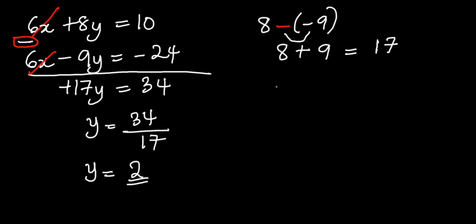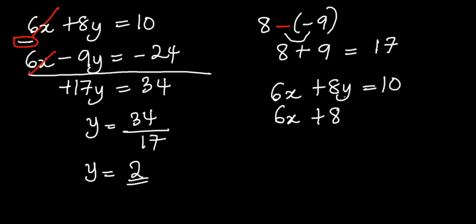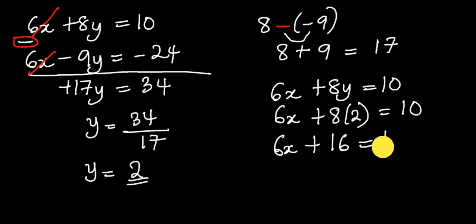From equation 1, we have 6x plus 8y equal to 10. Now 8 times y, and y is 2, so I'm going to replace y with the 2 we just got. So this is 6x plus 8 times 2, which gives 16, equal to 10.